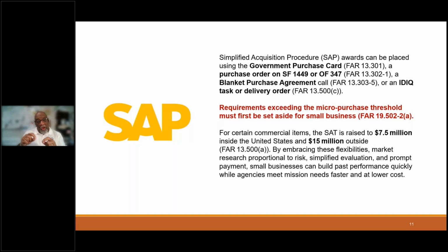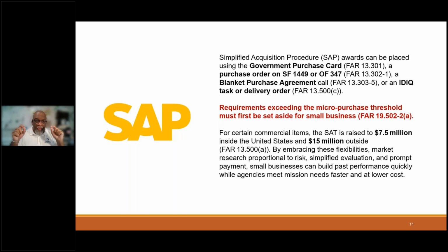Now, this is where I was telling you that there are some nuances above $250,000 for certain commercial items. The simplified acquisition threshold is raised to $7.5 million inside of the United States, okay, and $15 million abroad. Okay.